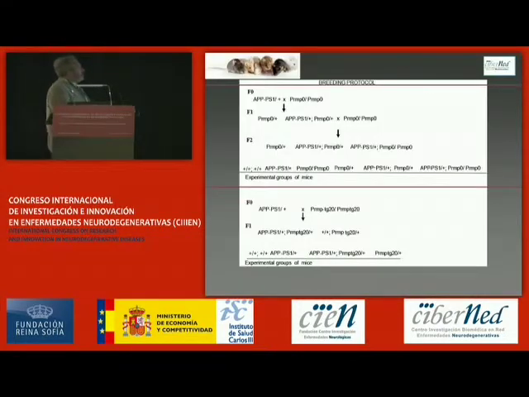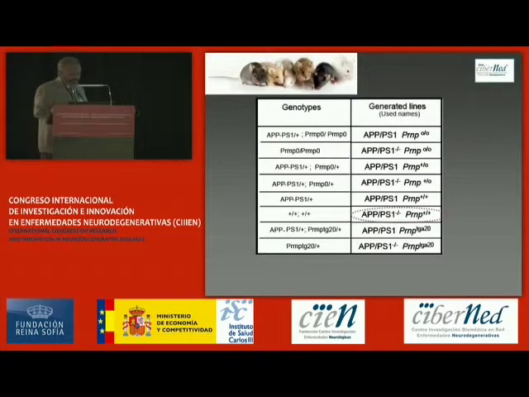So the breeding protocol was that, and we obtained those different mice combinations, in one case using two different back crossings, and in another only one. And this is the mice that we generated. Basically, you have no PrP, this is the knockout for PrP, with or without the APP.